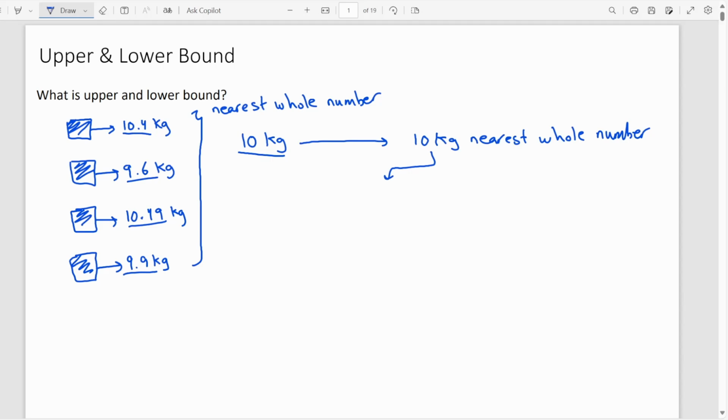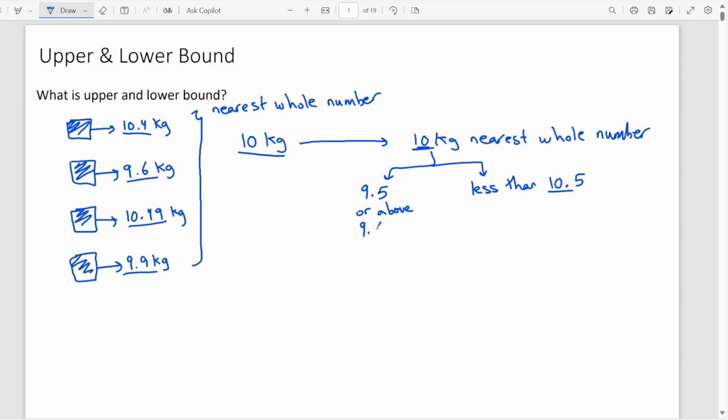They can technically be 9.5 or above, but also at the same time, they are less than 10.5. All the numbers between 9.5 and 10.5 without the 10.5 itself all round up to 10 when you round them to the nearest whole number.